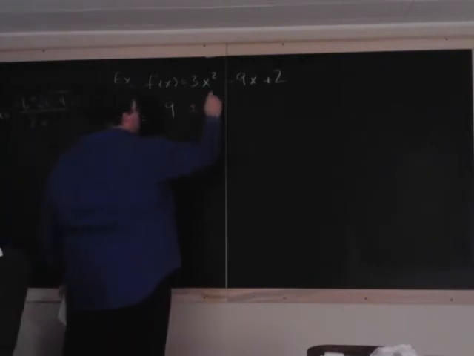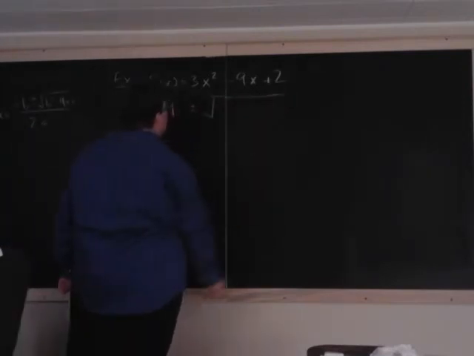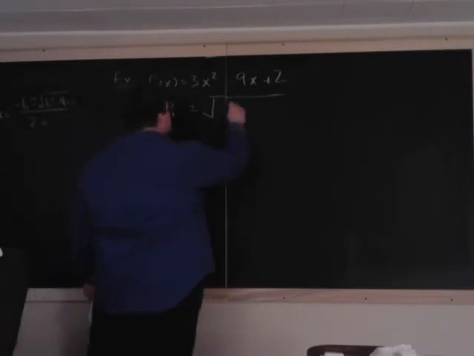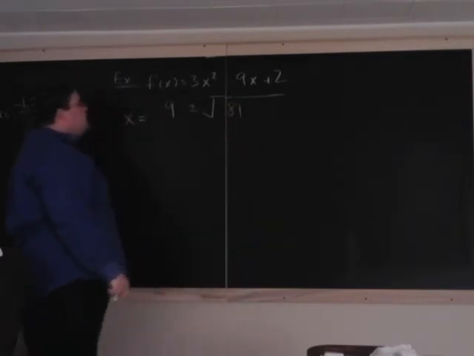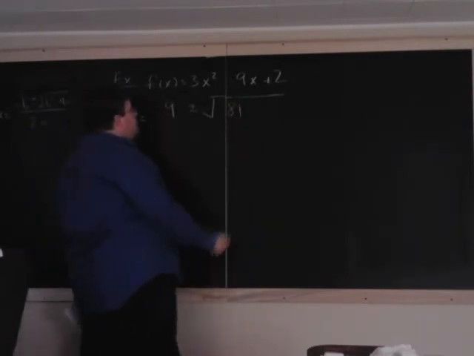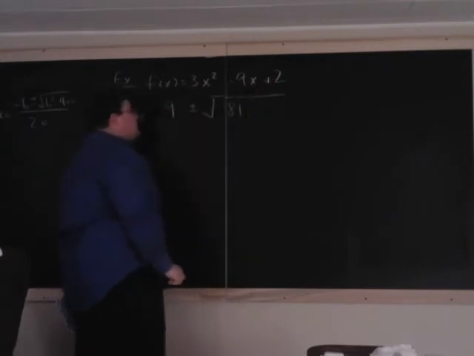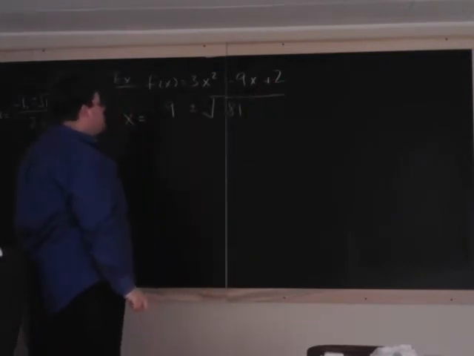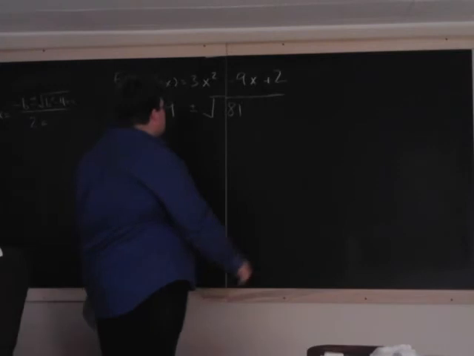Plus or minus root b squared, negative 9 squared is 81, minus 4ac. 4 times 3 times 2. 3 times 2 is 6, 6 times 4 is 24.